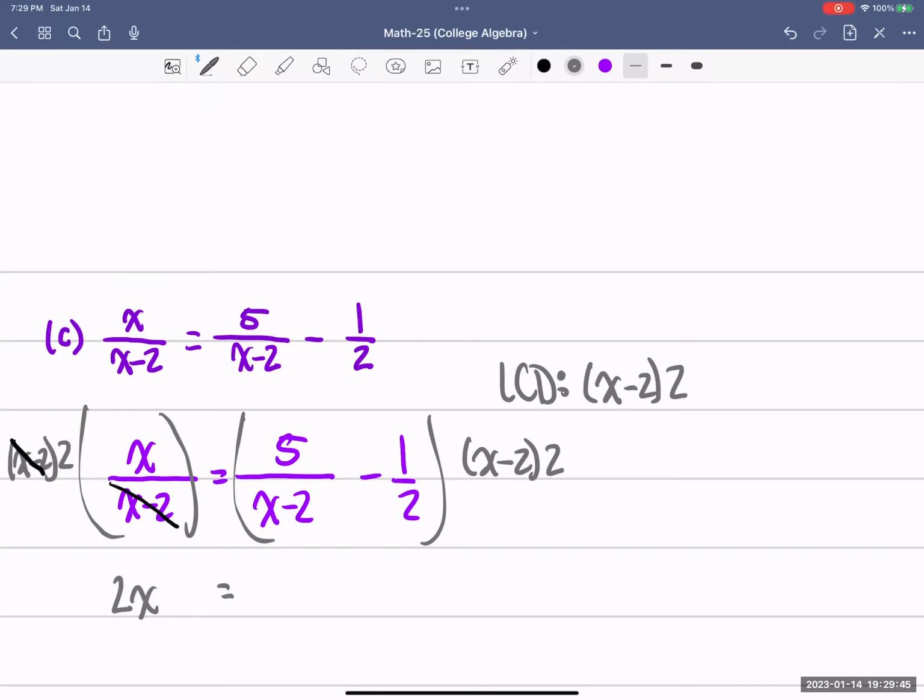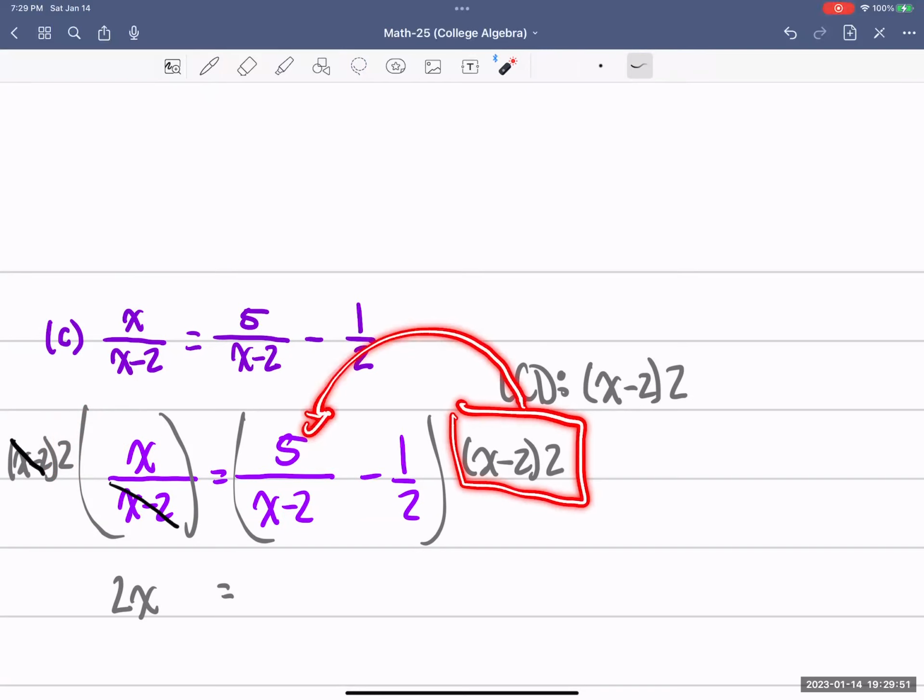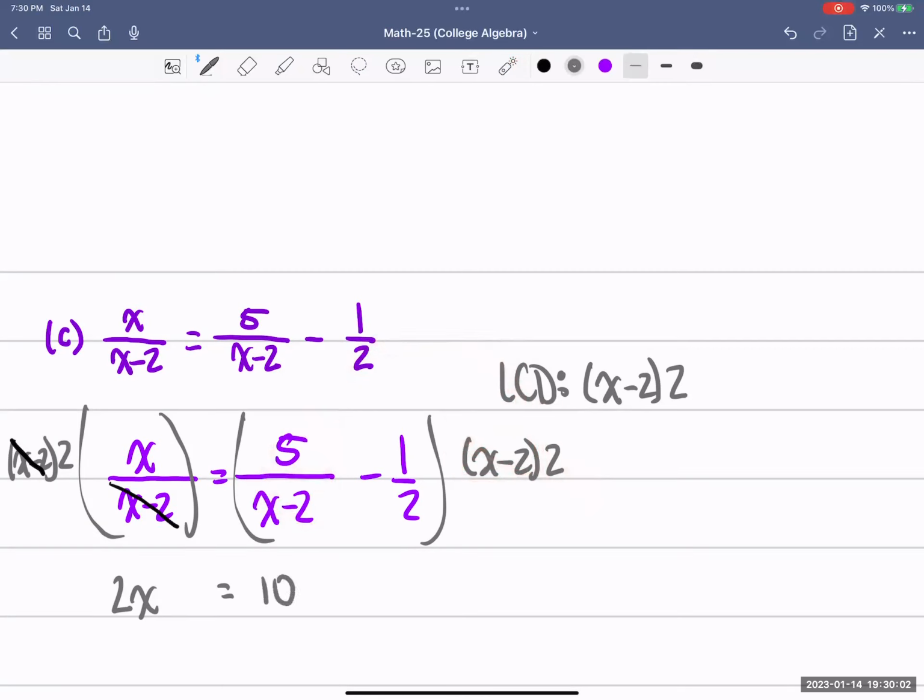Now moving over to the right side, we're multiplying our whole LCD by the first fraction. So here x minus 2 divides out with x minus 2. So we're left with 2 times 5, which is 10. And we keep that sign. So bringing it down.